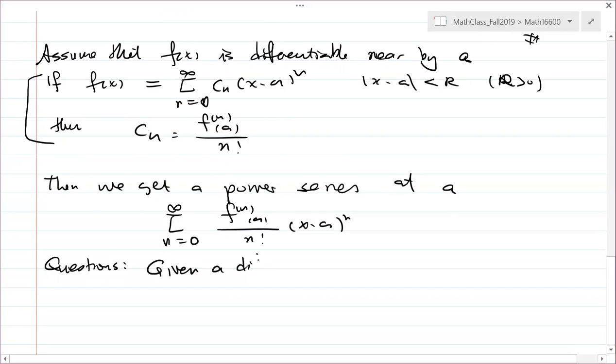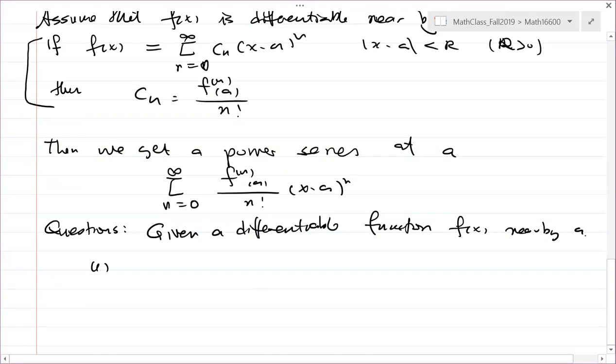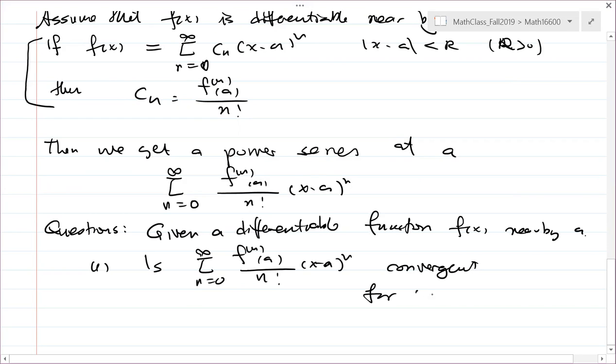Given a differentiable function f of x nearby a, question one is: is this series convergent for absolute value of x minus a less than r, for some small r?